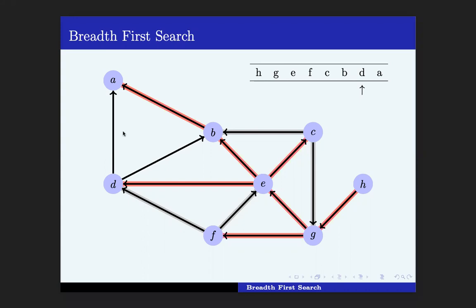I'm done with B, but level 3 still has another vertex, which is D. D's 2 neighbors are A and B, and both of them are visited, so there's nothing to add. I'm done with level 3, so now we go to level 4, and it's only A, and that's it.